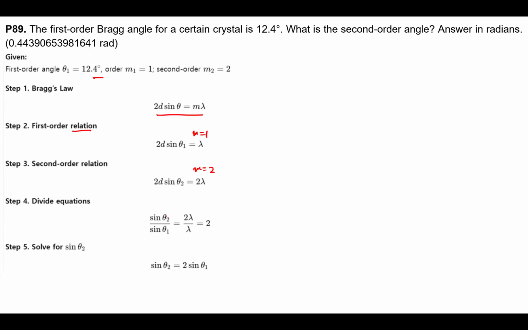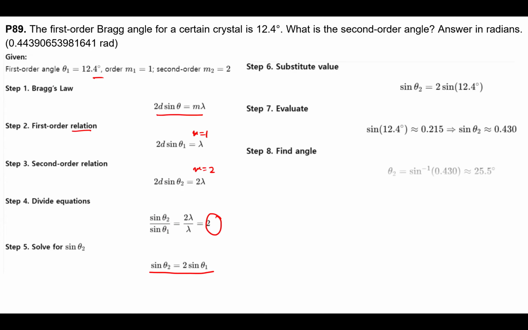If you just arrange it, sine theta 2 over sine theta 1 is 2. So sine theta 2 for the second order is given by 2 sine theta 1. Then if you plug in what theta 1 is, you can find theta 2 in degrees, and then you should change it into radians.